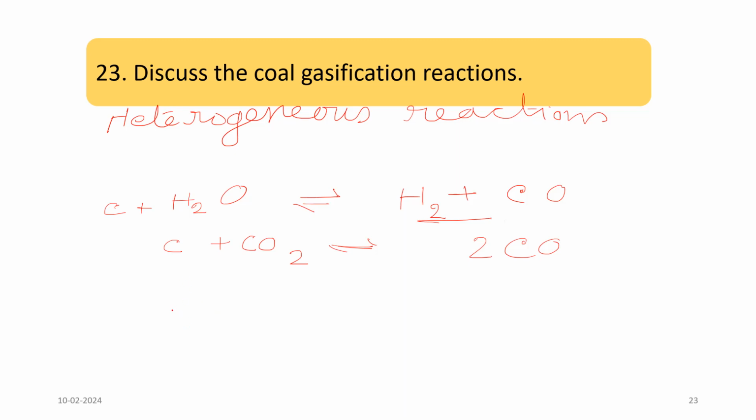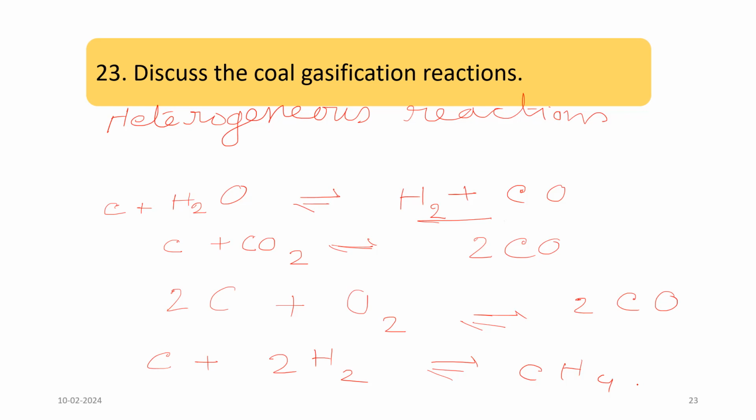Also, this coal can be oxidized to produce 2 moles of carbon monoxide. Another reaction in the heterogeneous set is carbon reacting with hydrogen to produce methane. Then the methane can be steam reformed to produce syngas.